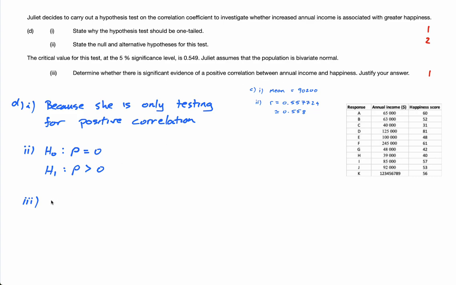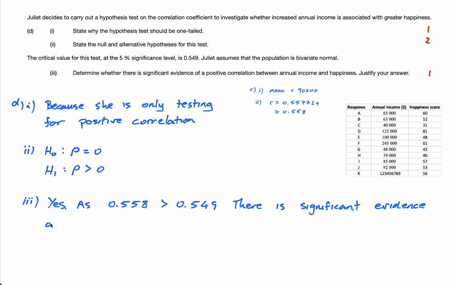So determine whether there is significant evidence of a positive correlation. Justify your answer. Yes, there is. As 0.558, our R value, is bigger than their critical value, 0.549, because our R value is bigger than the critical value, there is significant evidence of positive correlation.